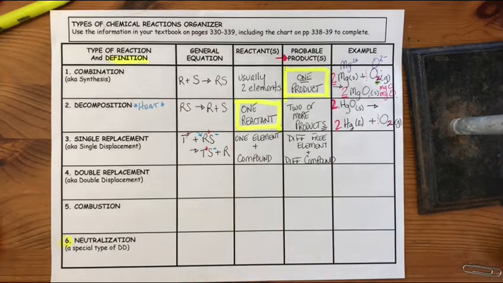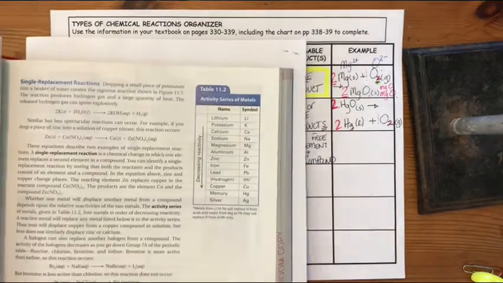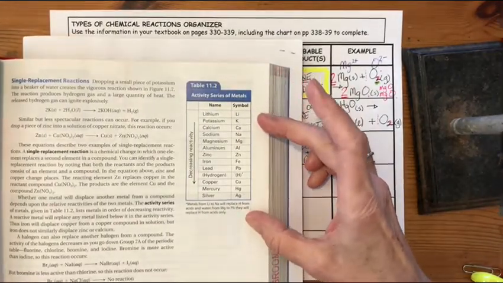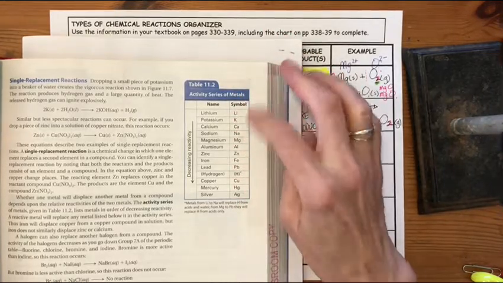Unfortunately, we can write a lot of things on paper that aren't going to happen in real life, which is really kind of bizarre. In the instructions for the balancing page, on page 333 in your textbook, here's a list of some metals and their activity.